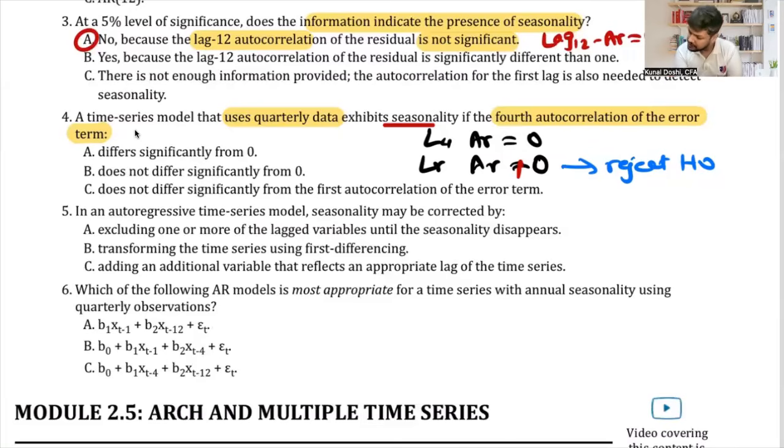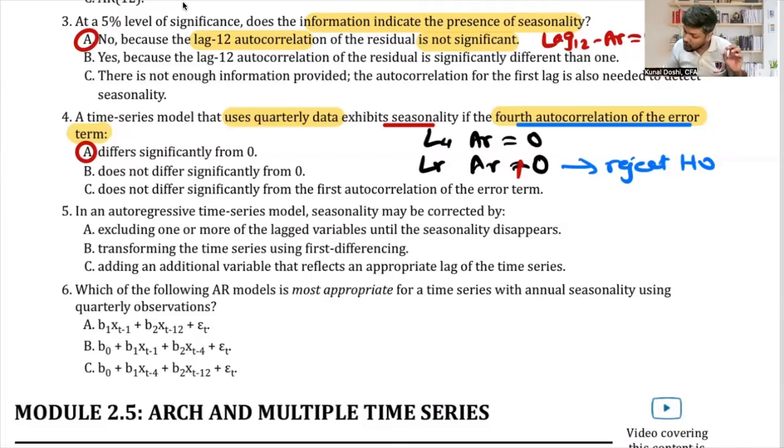When the fourth autocorrelation of the error is 0, it means no seasonality. It is not equal to 0, means there is seasonality. Everyone understood why A is the answer? If it is 0, that means no seasonality, because then the autocorrelation is 0.